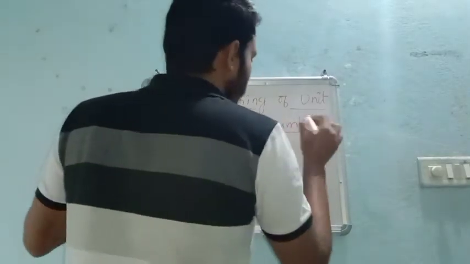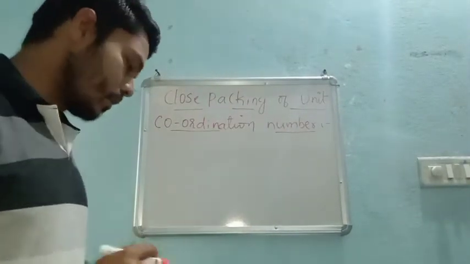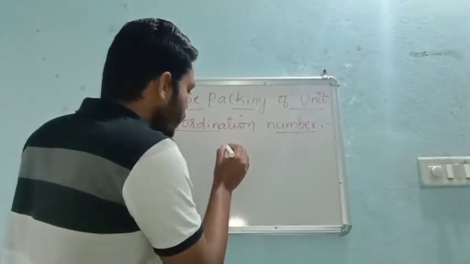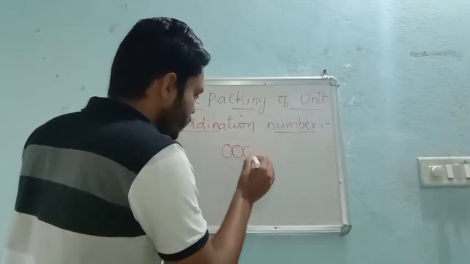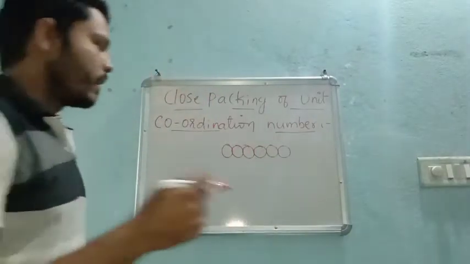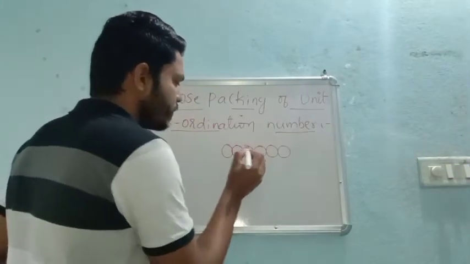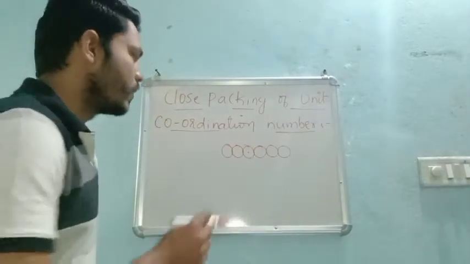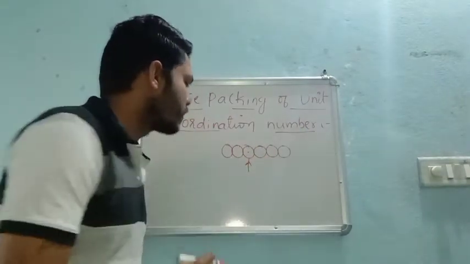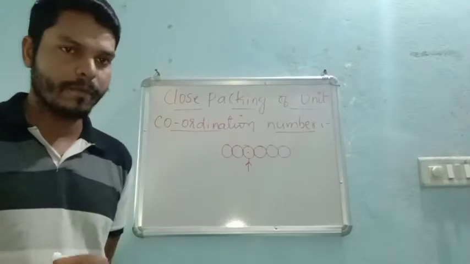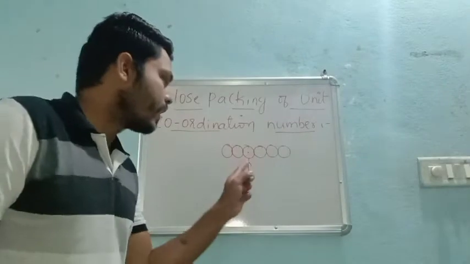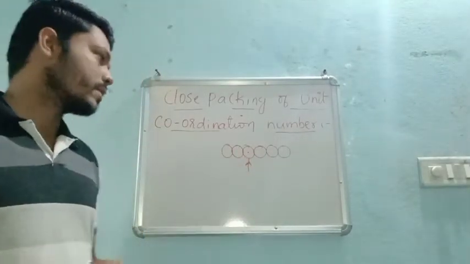So the coordination number, particularly in the solid state, what we can say is, see, if I consider these three atoms, I mean the constituent particles, then if you consider any atom, let us consider this one as a particular atom or constituent particle. So the number of neighboring atoms directly attached to a particular atom is called the coordination number.